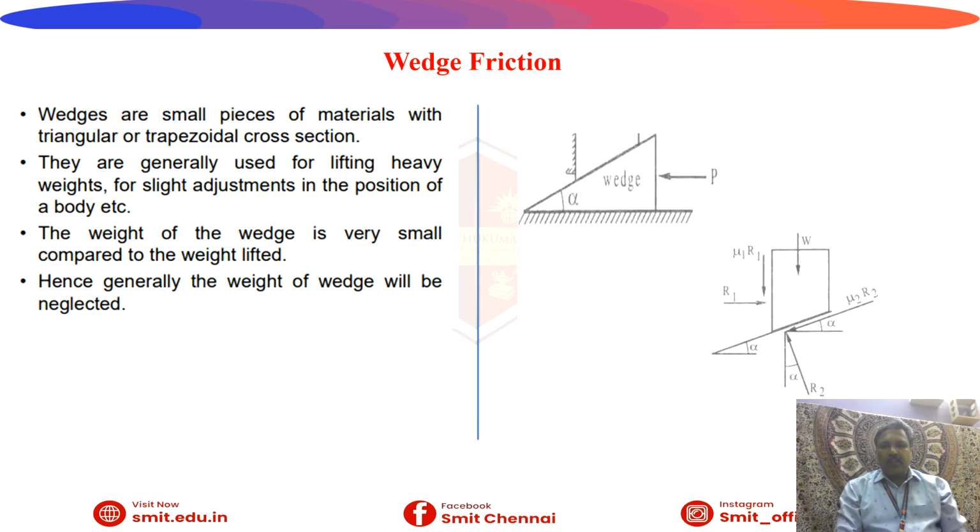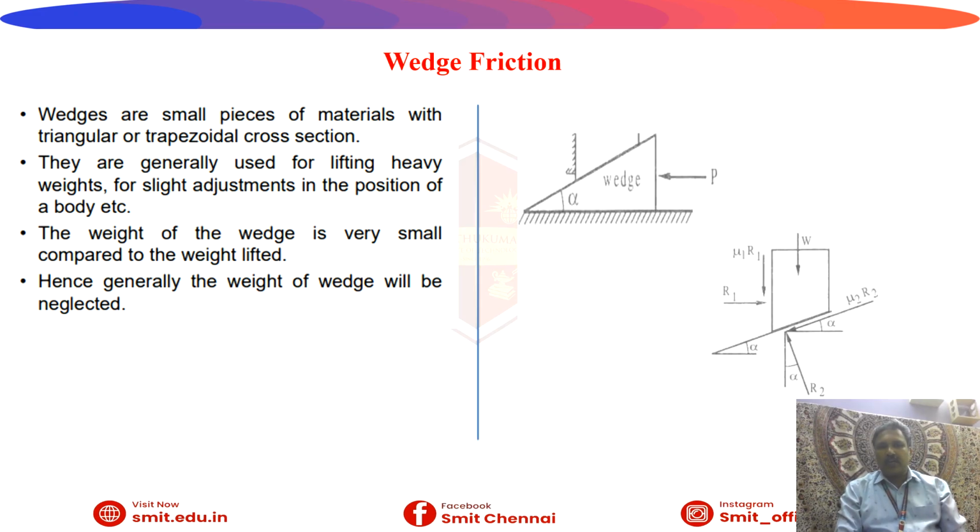So what is that wedge means? Before we go on to the problem, we must know what a wedge is. Wedges are small pieces of materials with triangular or trapezoidal cross section. They are generally used for lifting heavy weights, for slight adjustments in the position of a body, etc. So it is a small triangle piece for lifting the heavy blocks.